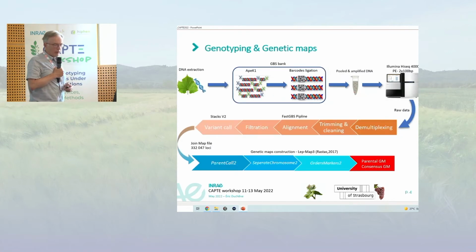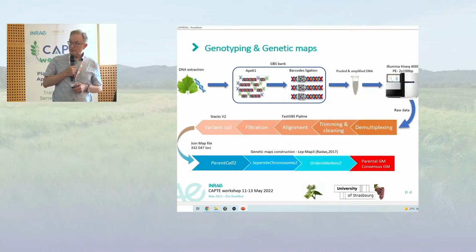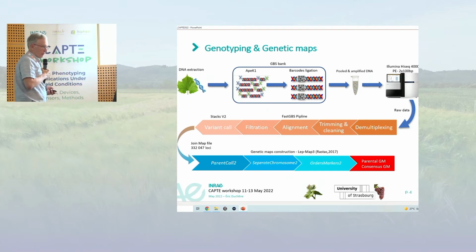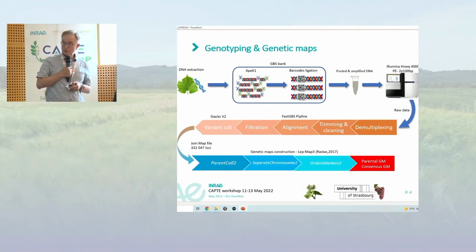The first thing, I will go quickly with this slide, because we need to have some genetic information about all this population. What we use is genotyping by sequencing, which means that we take some samples from all the genotypes. We have a digestion protocol. We add some barcodes. We have some PCR parameters.